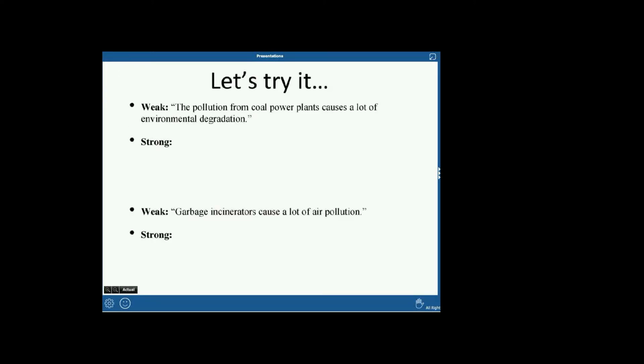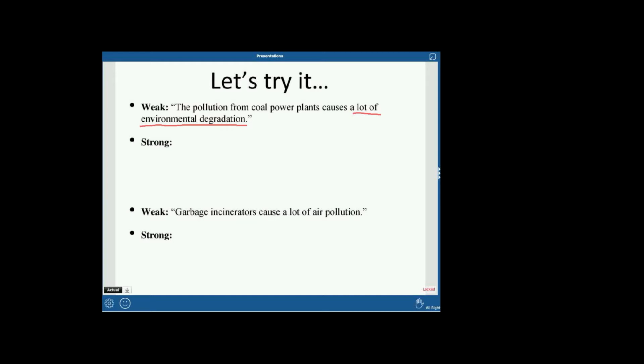So let's try a couple more sentences and then we'll start our real FRQ. Okay, so let's try this one. The pollution from coal power plants causes a lot of environmental degradation. The area where we're struggling in this question is a lot of environmental degradation, right?